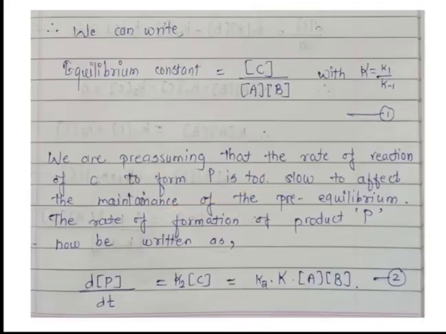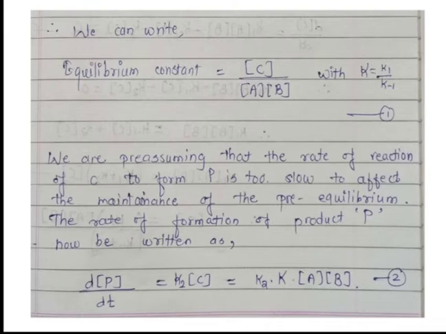Now we will see the reaction kinetics. Therefore, we can write an equilibrium constant, and you know the definition of the equilibrium constant: it is the ratio of the products and the reactants.